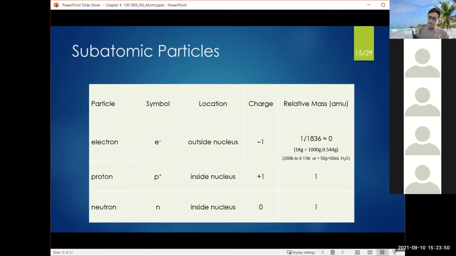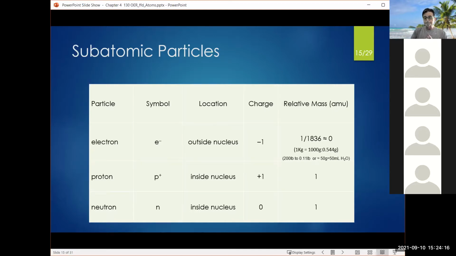What they do is they give it a relative mass. Now, how's that work? I'll give an example. Let's say I'm at 200 pounds and somebody else is at 400 pounds. So our relative mass is 1 to 2 because the other person is twice my weight. So I'm at 1 and the other person would be at 2. That would be their relative weight. So that's what we do here. We give them relative weight because these guys are tiny and very small numbers to work with.